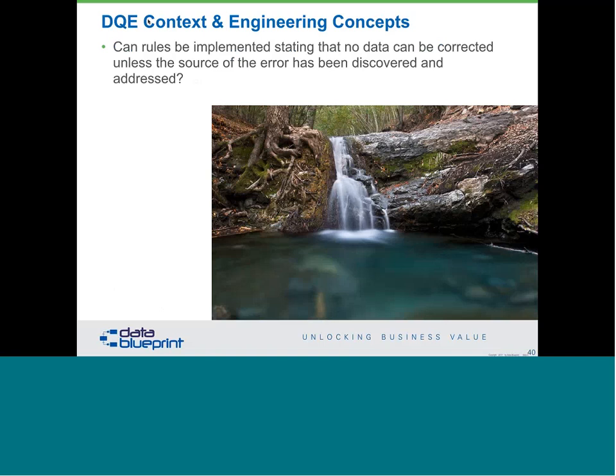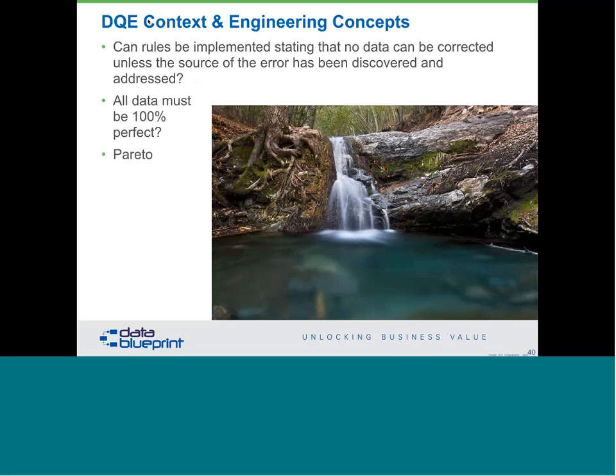But one of the misconceptions that you'll see around this is that some rules will be implemented so that no data can be corrected. We've seen a lot of organizations that say no data can be corrected unless the source of the error has been discovered and addressed. Well, there's not many businesses that run on that kind of a time schedule that will let us do this. And I think we all agree that we'd like to go upstream and correct the source of the data quality problems rather than trying to fix it after it's already polluted the lake at this point.